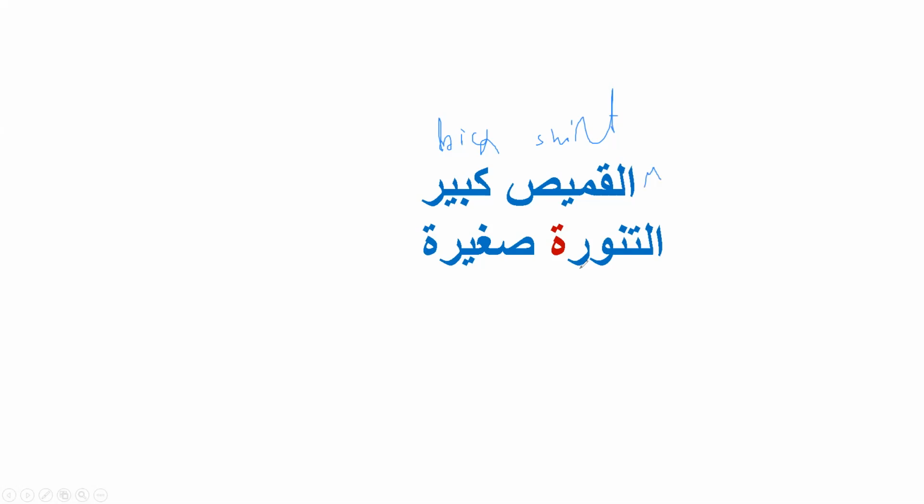And التنورة means a women's dress, or skirt. I think it's also called skirt. صغيرة. Because التنورة is feminine, we need to put تاء مربوطة here also to make it feminine.